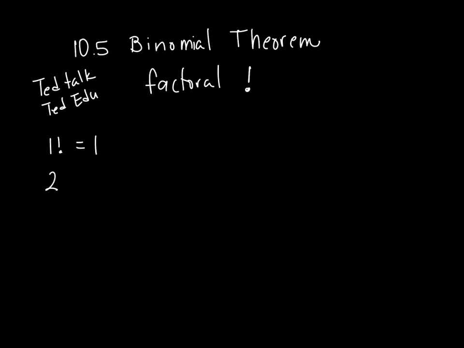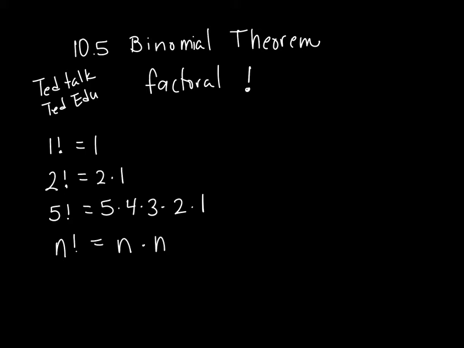If it was 2 factorial, 2 times 1. 5 factorial, it would be 5 times 4 times 3 times 2 times 1. And n factorial would just be n times n minus 1, n minus 2, all the way down to 5, 4, 3, 2, and 1.